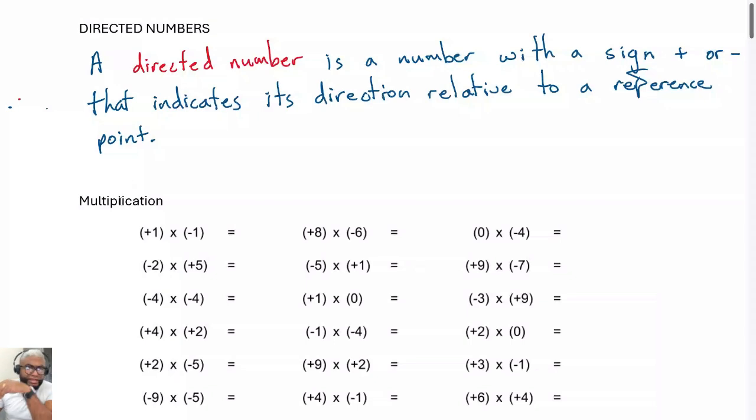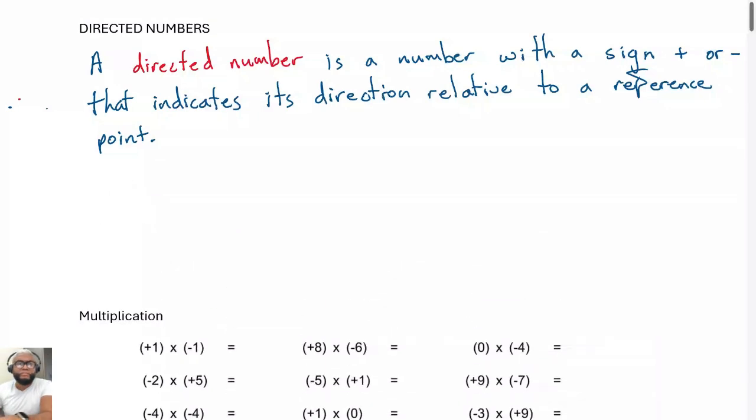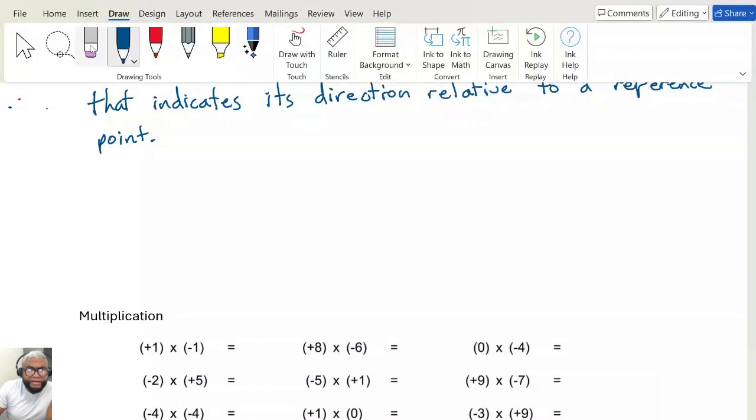So a directed number can be shown on a number line, right?